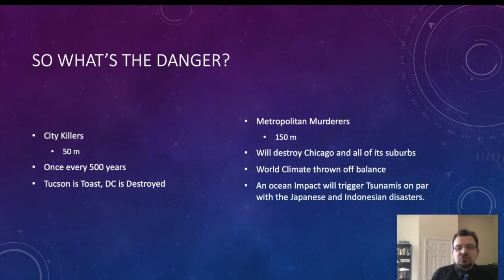And this would also throw the world climate off of balance. Think nuclear winter kind of a thing. It's going to throw up enough dust that it's going to block enough sunlight that crops and things like that are going to fail worldwide. And an ocean impact isn't going to save us either, because if one were to hit the ocean, it would cause tsunamis on par with the Japanese Fukushima incident or the Indonesian Christmas Day disasters.